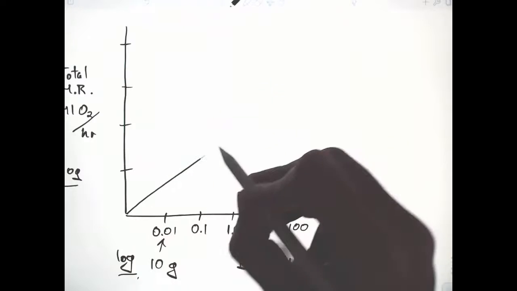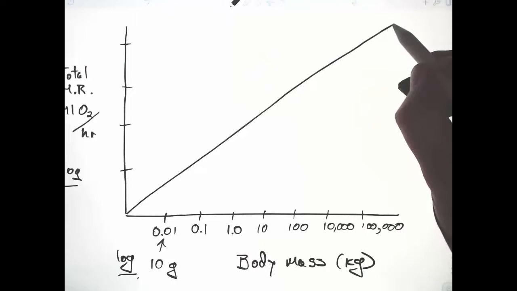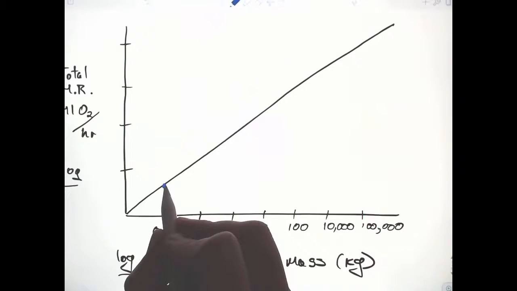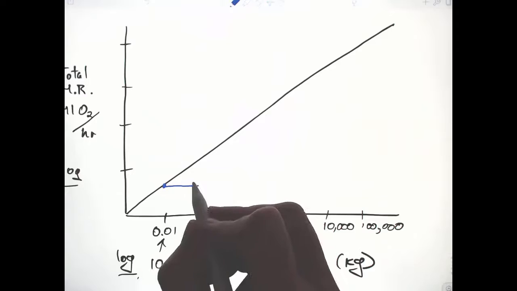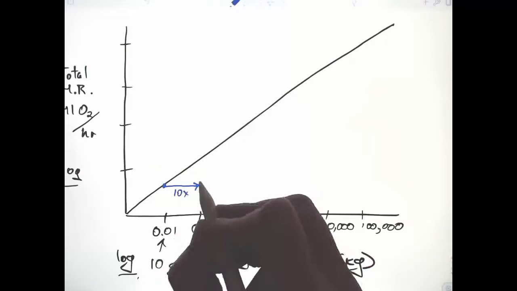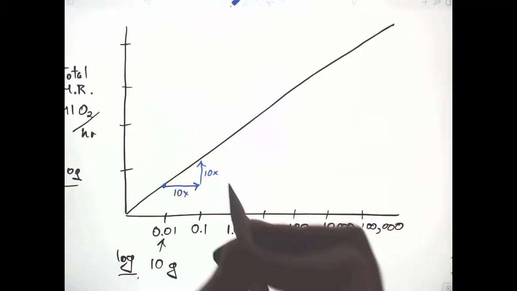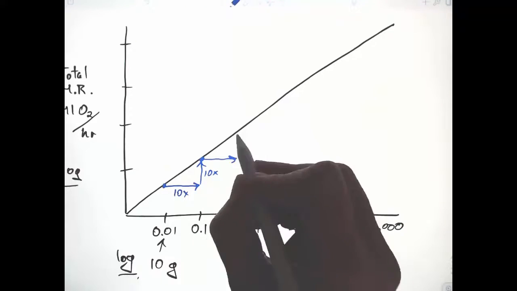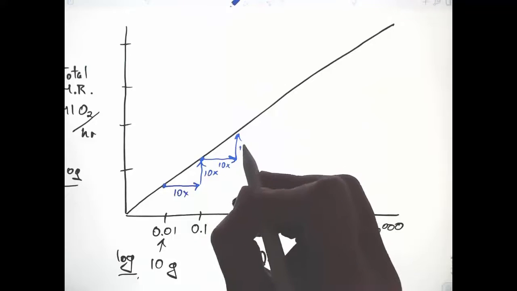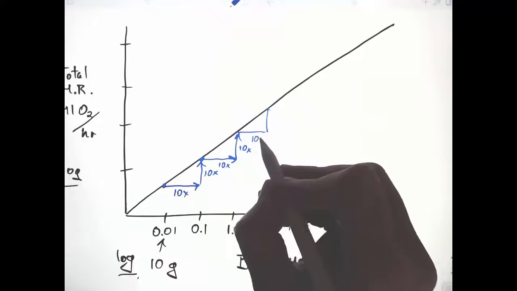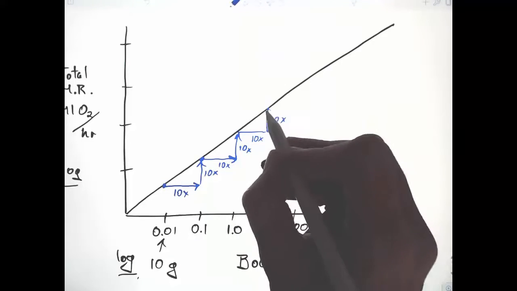That would give us a straight line in which, if we had a 10-gram animal and we compared to an animal that was 10 times bigger, we would expect that animal to have a 10 times higher metabolic rate. And if we did that again, we would expect a 10 times higher metabolic rate. And a 10 times higher metabolic rate.